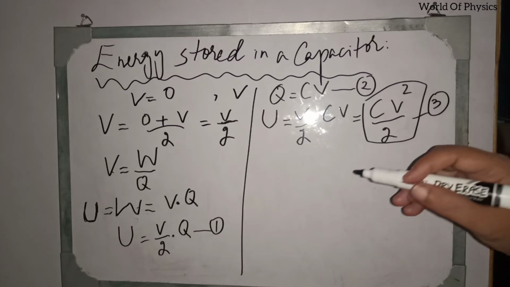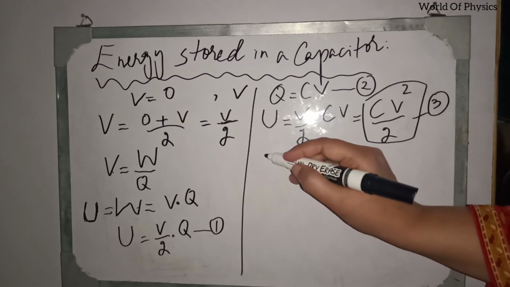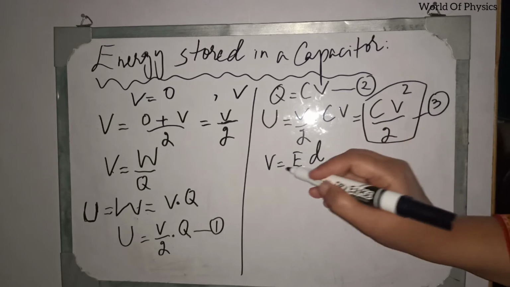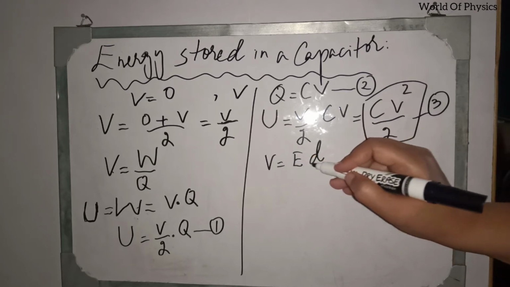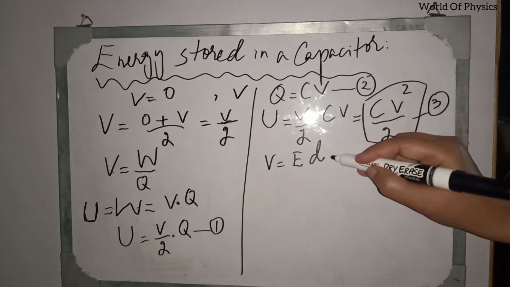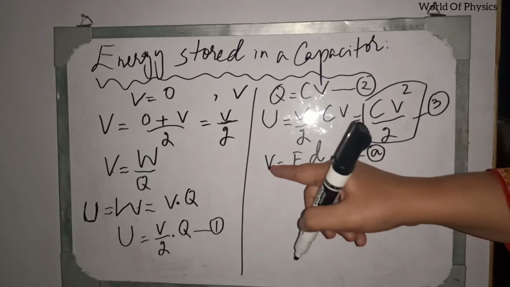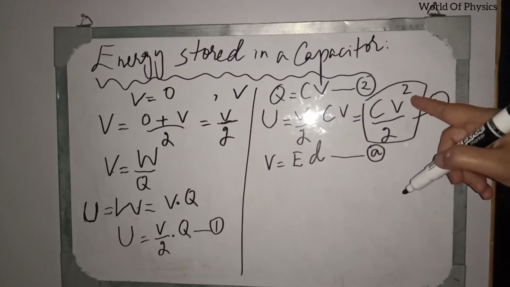So we will take the relationship V equals E into D, where V is potential difference, E is electric field, D is distance. So say this is equation number A. This is the value of V.